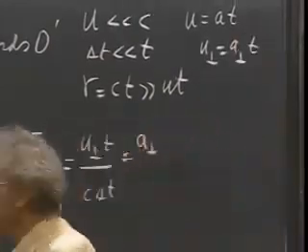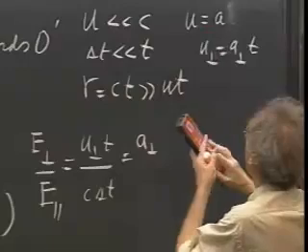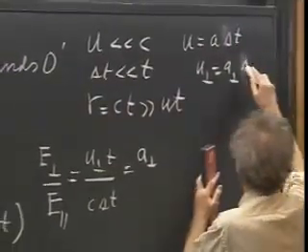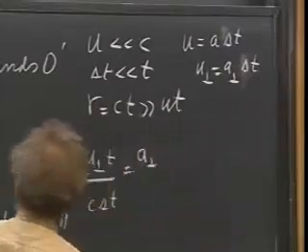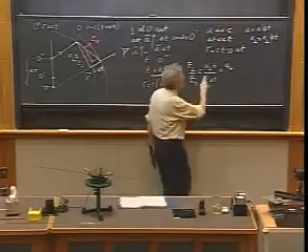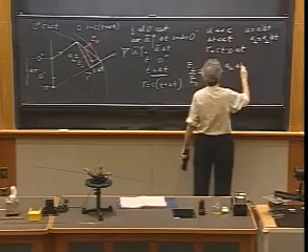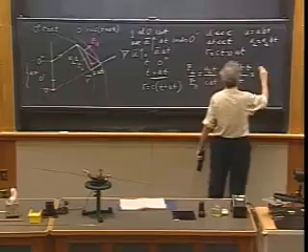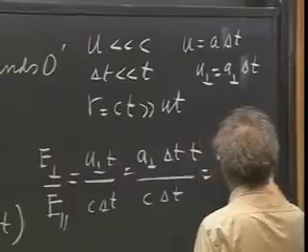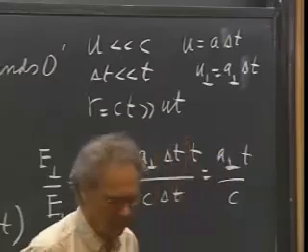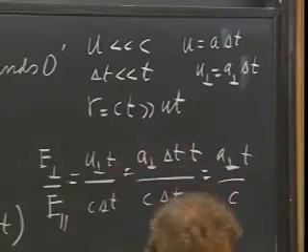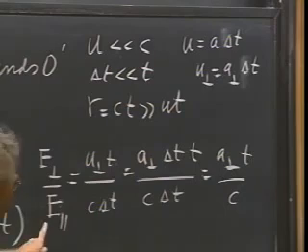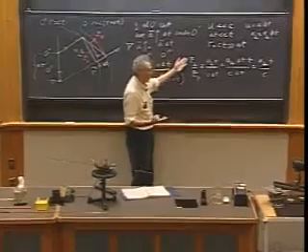You guys should have screamed because the acceleration only lasts for delta T seconds. Yeah? Only delta T seconds. So now I get A perpendicular times delta T times T divided by C delta T. And so that is A perpendicular times T divided by C. If now I can calculate what E parallel is, I'm done, because then I know what E perpendicular is.